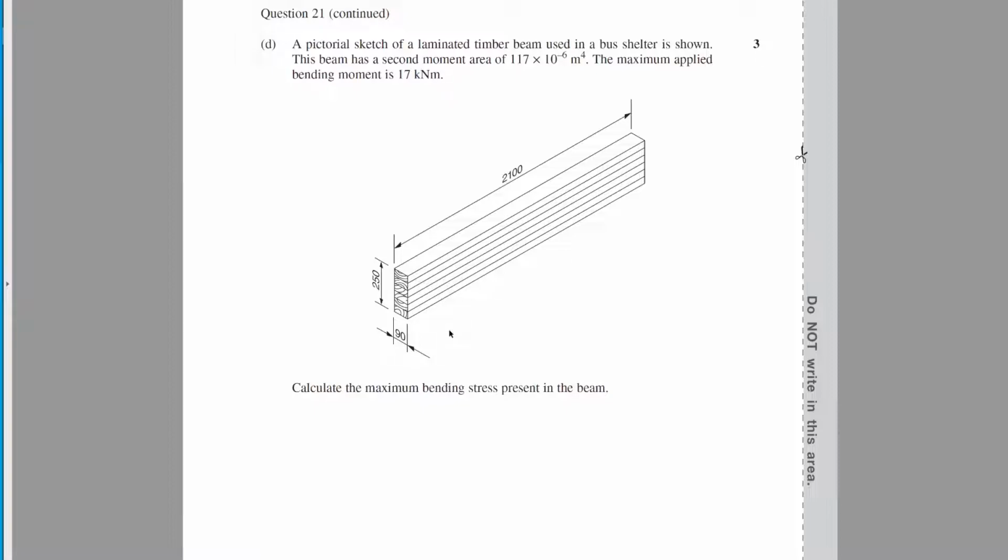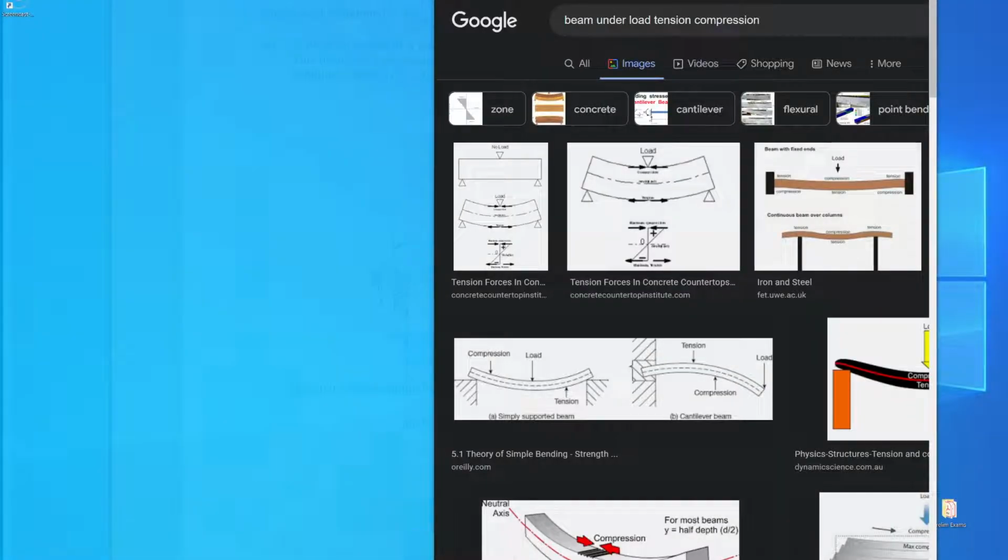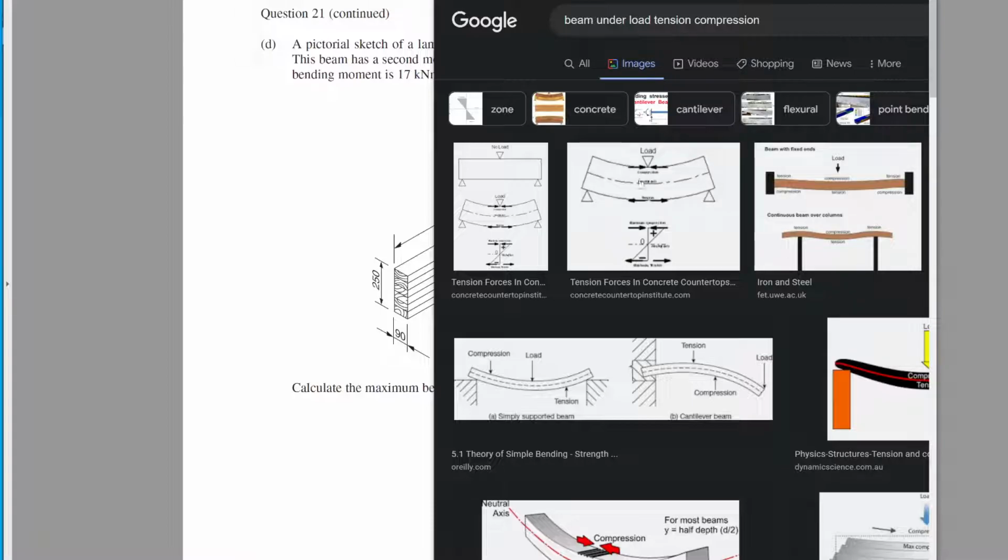Okay. So y is the distance from the neutral axis to the extreme fiber. What is the neutral axis? If we go back to that transverse beam testing, the top is in compression and the bottom is in tension, but in the middle the compression goes down, down, down, and eventually it starts going to tension. In the middle, it's neither in tension nor compression. We call that the neutral axis.